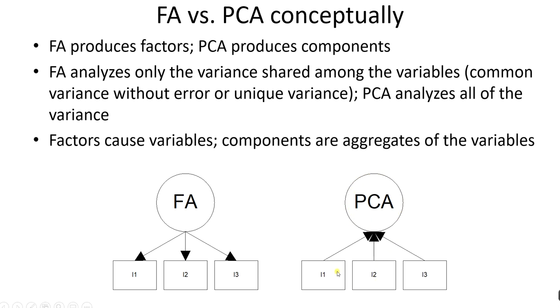So the components can be considered as an aggregate of the variables. The sum of these variables will be equal to the latent variable. Why? Because the total variance has been analyzed. So this is the difference between factor analysis and principal component analysis.